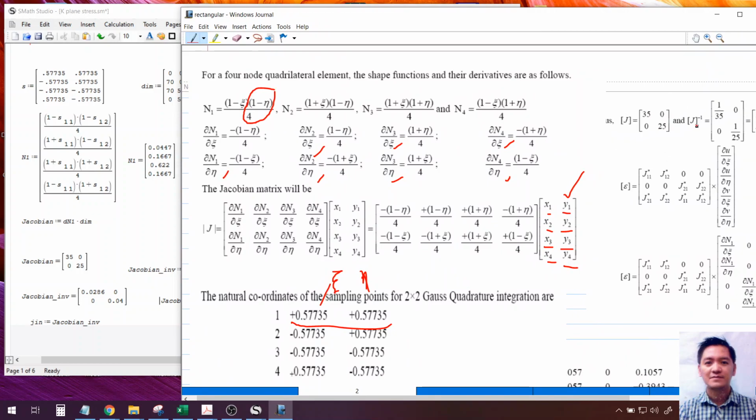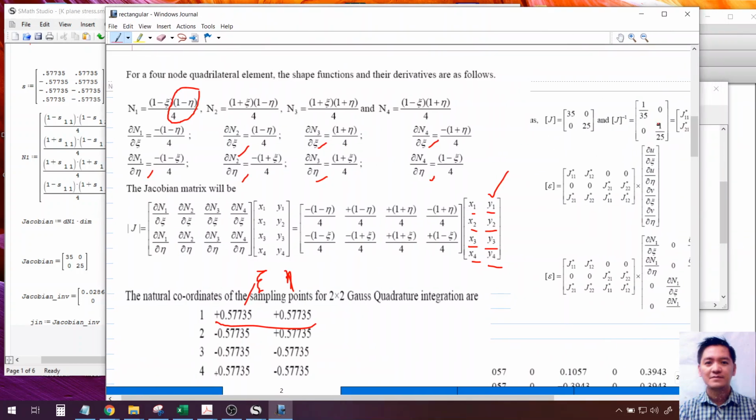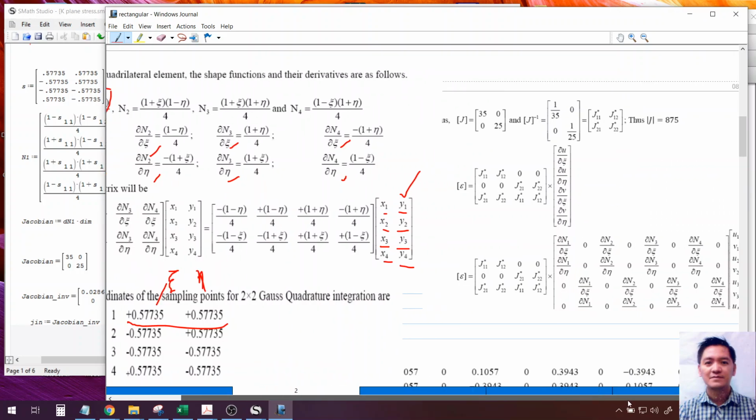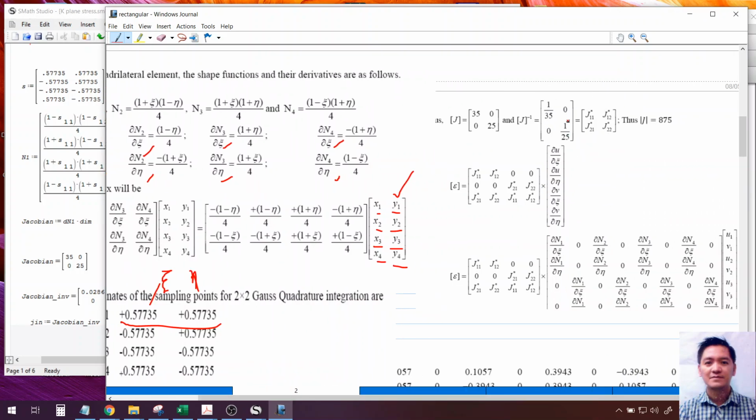And then, you may now get the inverse of that. Numbers naman yan, real numbers naman yan. Therefore, your determinant of the Jacobian is 875. Parang yun yung scaling factor natin from the real world coordinates to the natural coordinate system. Nakuha na natin yung Jacobian.